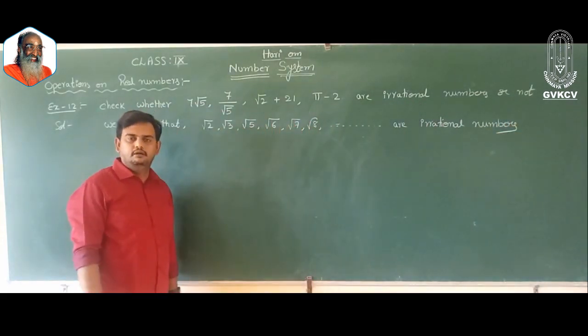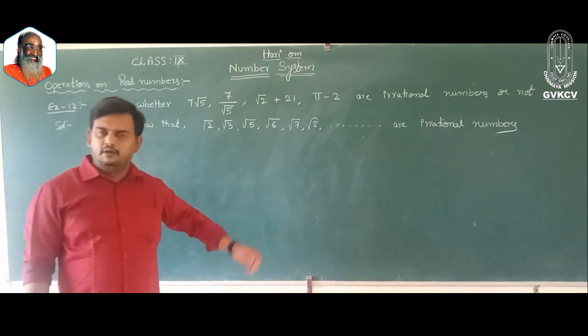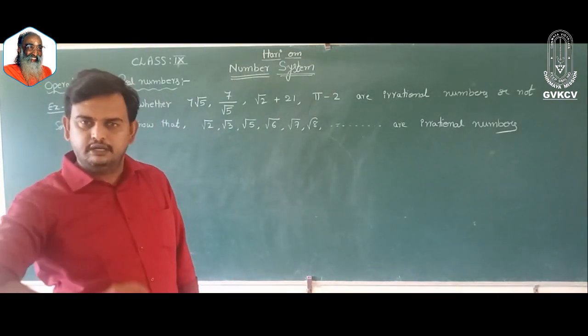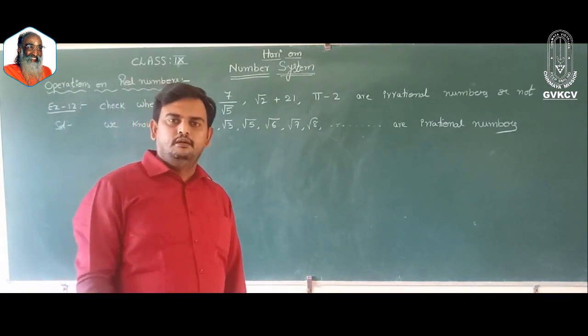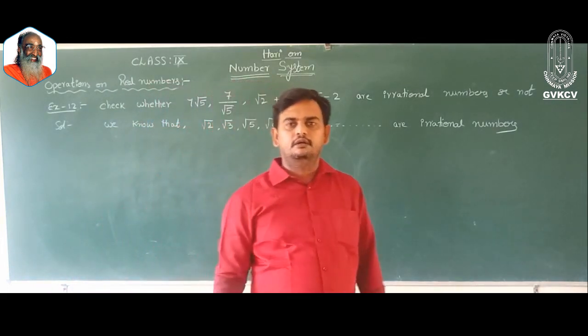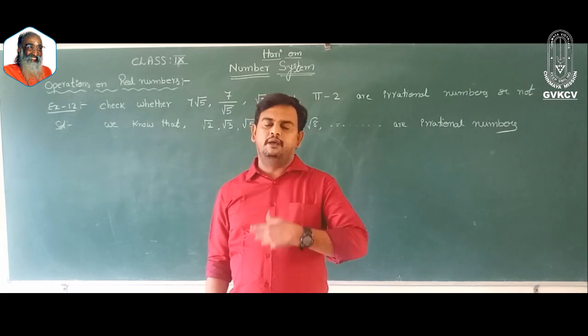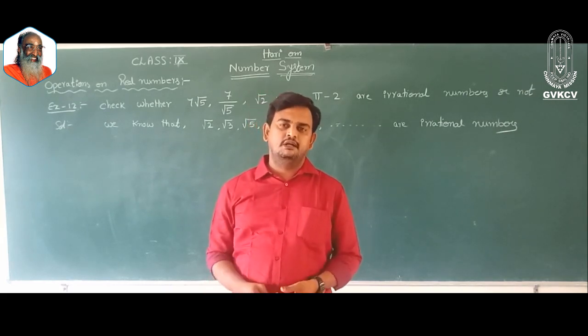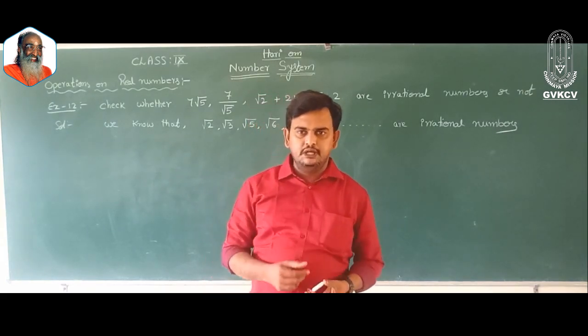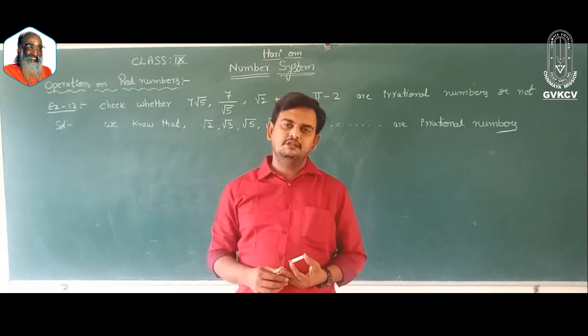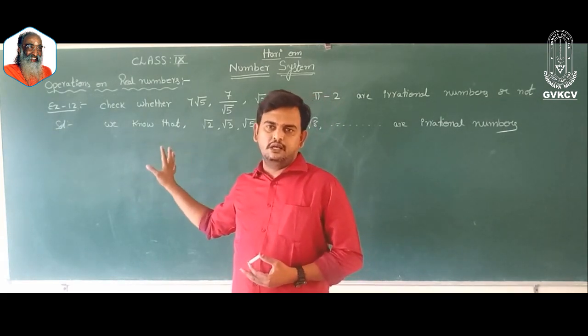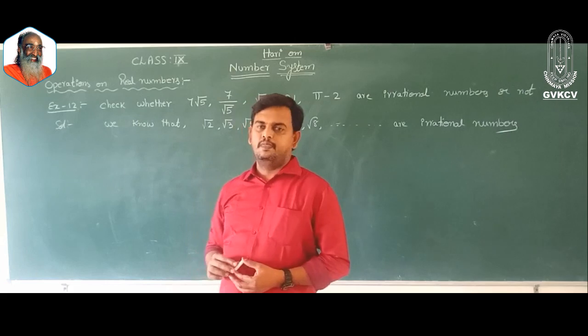That we know very well, and we have constructed these irrational numbers on a number line also. As we know, the square root of a whole number that is not a perfect square is not a whole number, and such numbers are called irrational numbers. We have seen the definitions and we know that these are irrational numbers.